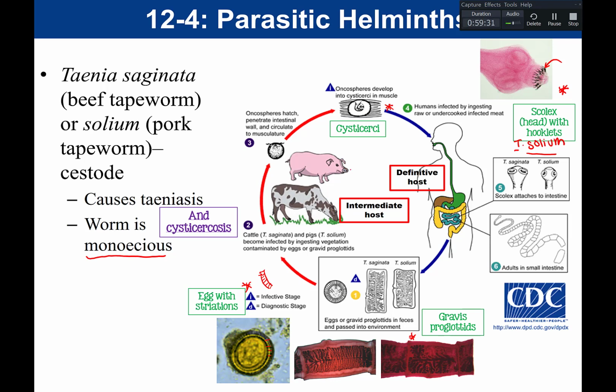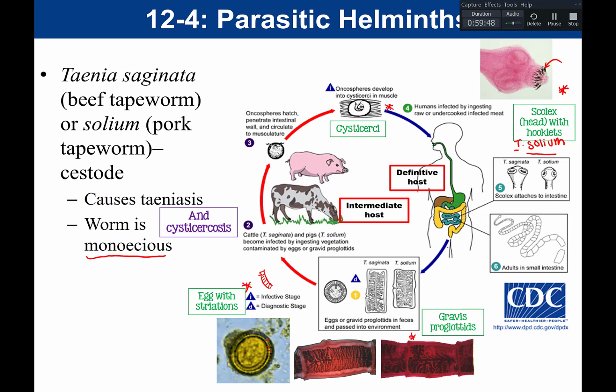There are fish tapeworms as well, and other types, but we're going to focus on Taenia saginata and Taenia solium. Again, saginata is beef, so in cattle. Solium is in pigs.